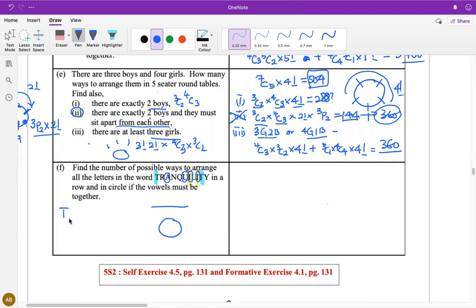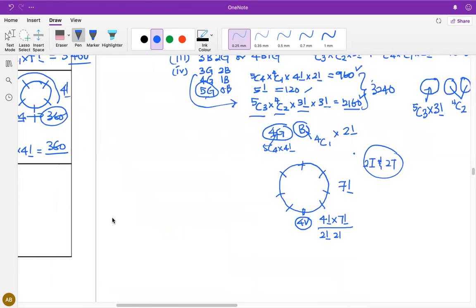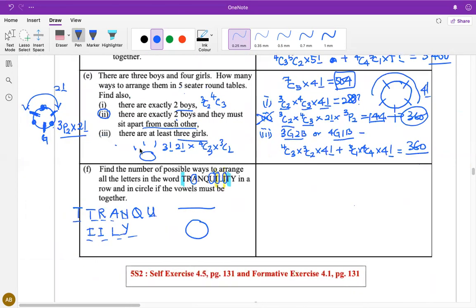Tranquility: T, R, A, N, Q, U, I, L, T, I, Y. There are 2 T's and 2 I's. 1, 2, 3, 4, 5, 6, 7, 8, 9, 10, 11. So 11 letters.